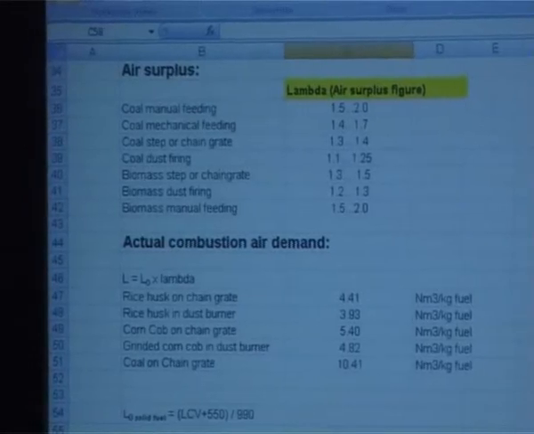Then we have to convert this, so we have to adjust it accordingly, like 20 normal cubic meter at 200 centigrades. We have to convert this to actual cubic meters.